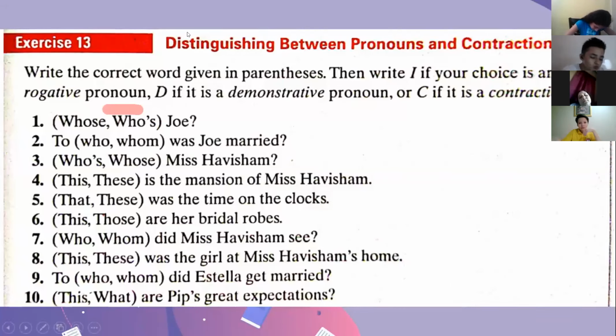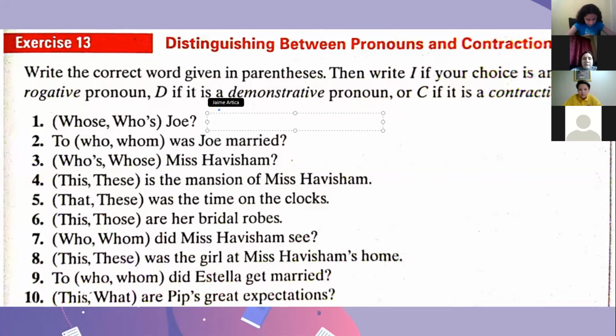Okay, pay attention again. In this one, we have who's or whose. Joe is a whose question. Okay, so it's who is or whose. And what is the answer of that one? Is that an interrogative pronoun or a demonstrative pronoun?